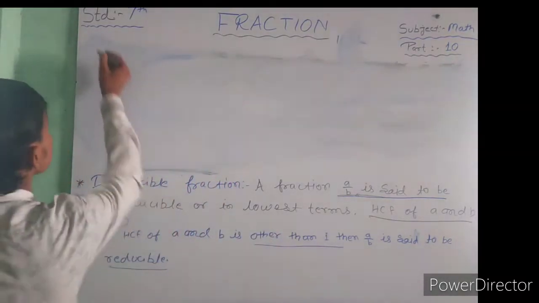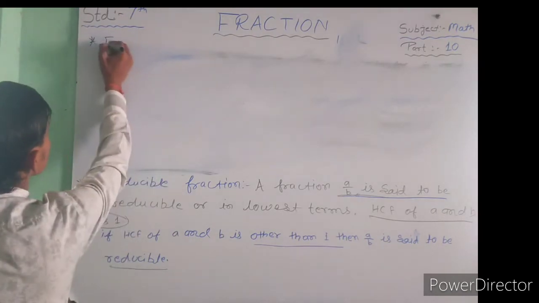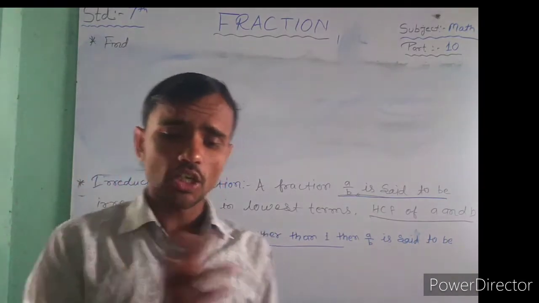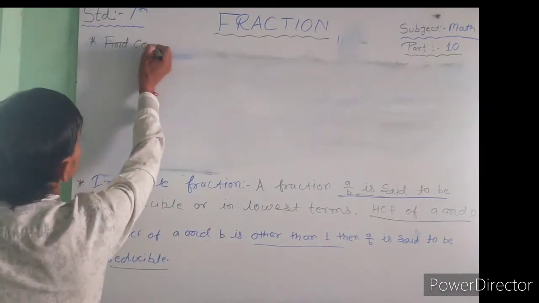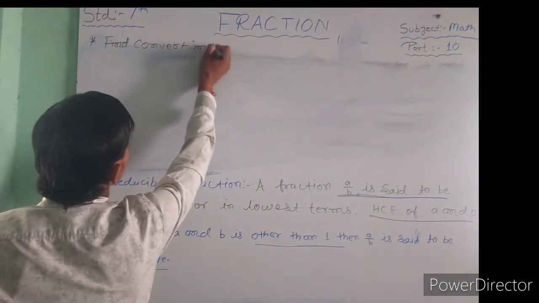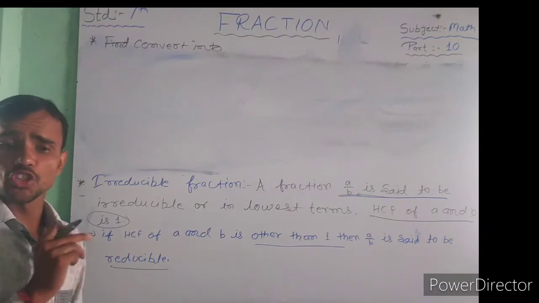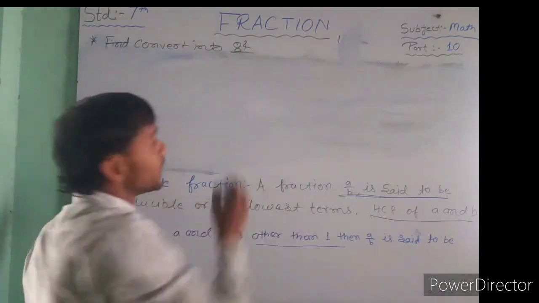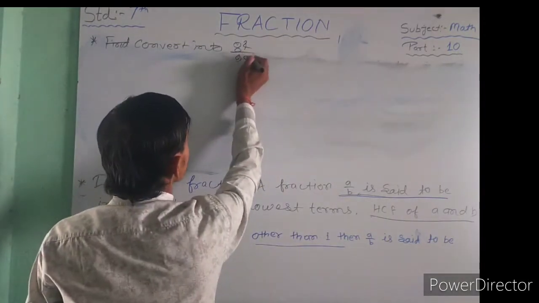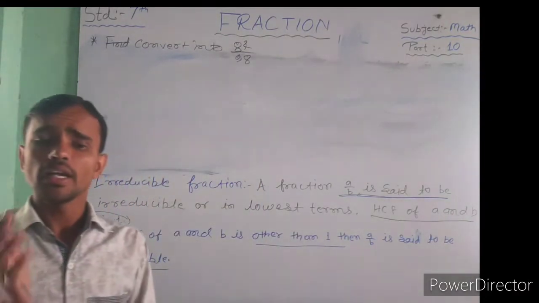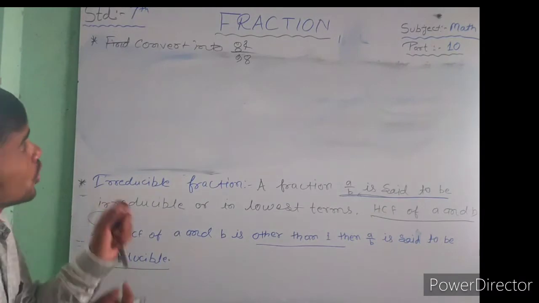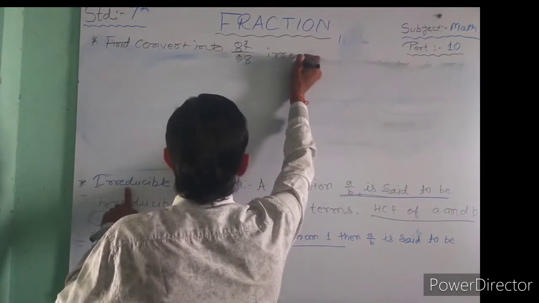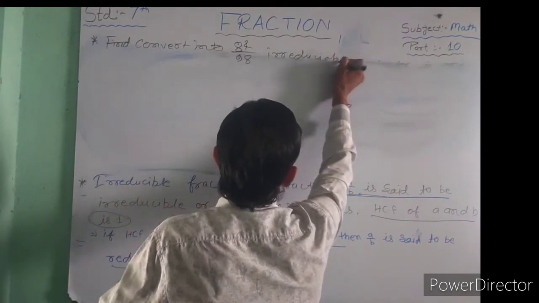So question: convert 84 by 98 into irreducible.